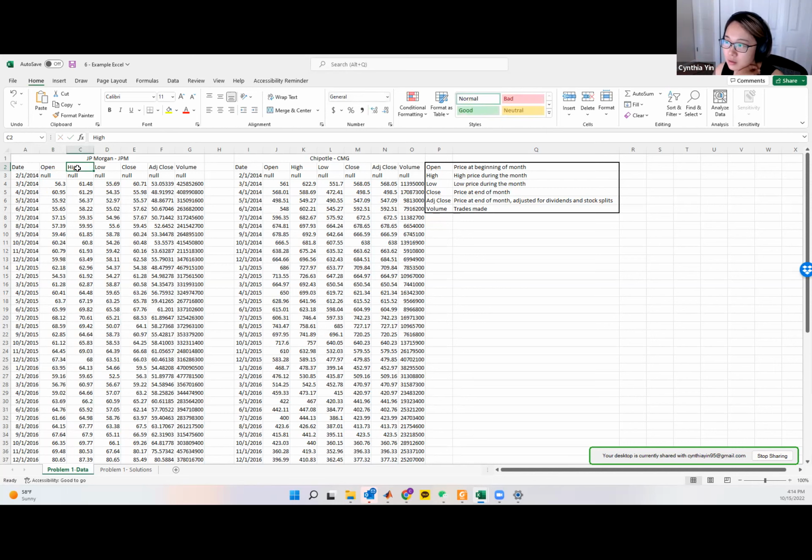Just to clarify, the open price is not only for a day, it's for the trading period. So for example, here the trading period is monthly. It's at monthly frequency. So the open price for this month is the first price at the beginning of this month.